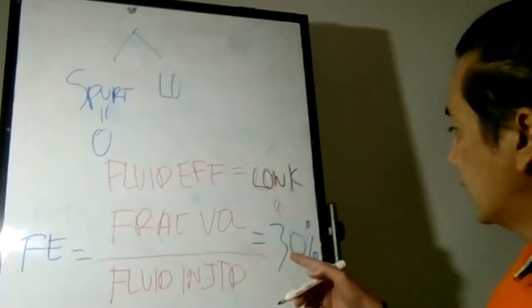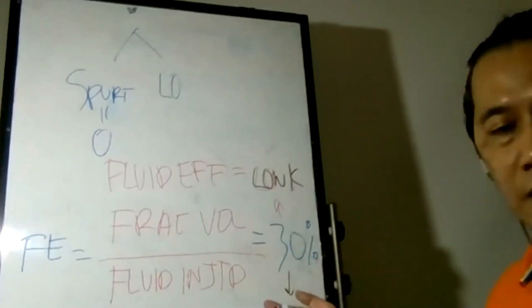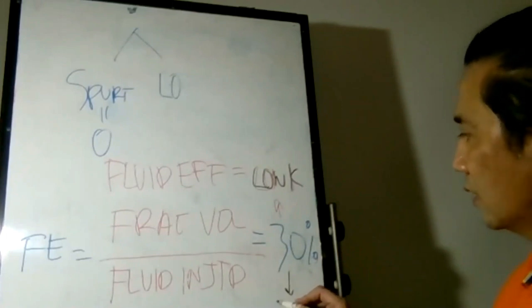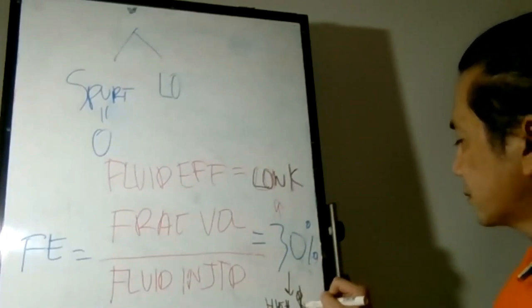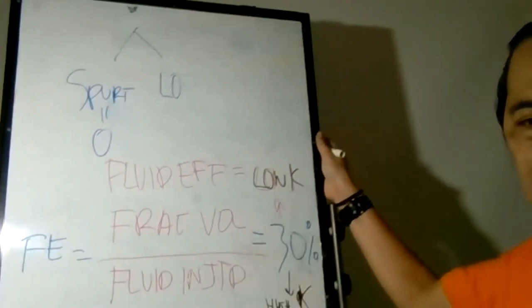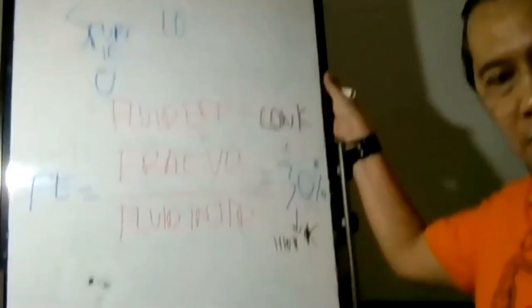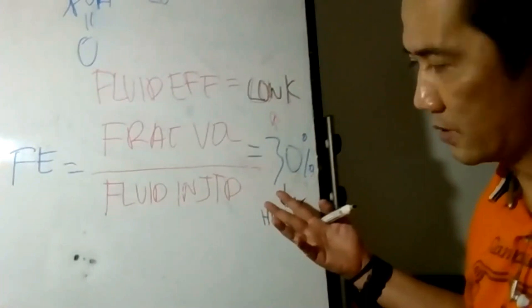But if you deal with less than 30%, let's say 10% fluid efficiency, you deal with the high permeability. Imagine you are pumping 1,000 barrel, and your fluid efficiency is only 10%.